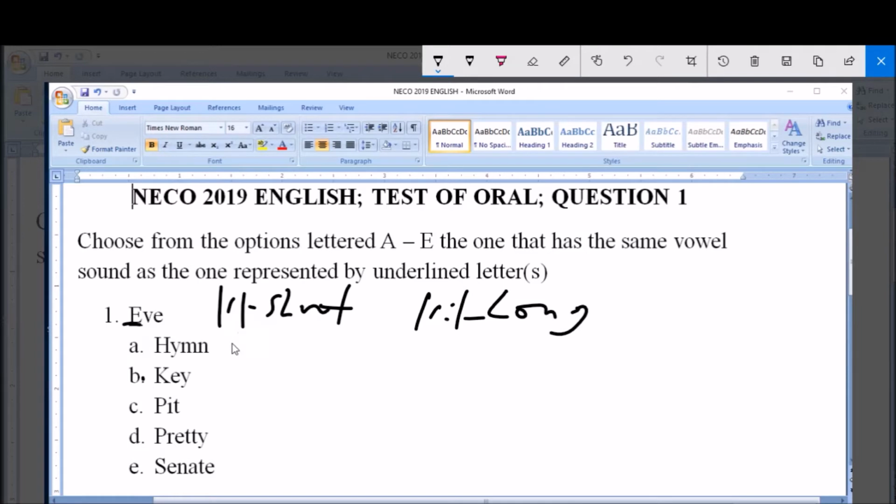So when we talk, option A is pronounced as "im". Option B is pronounced as "key". Option C is pronounced as "pit".